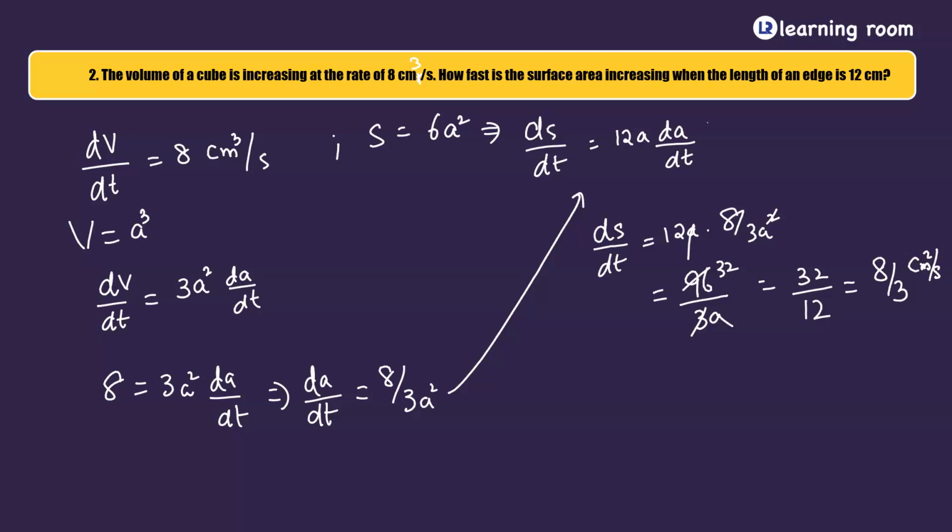It is a variable. Variable cube, it just changes. Question is about dA by dt.